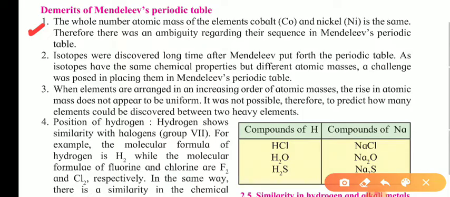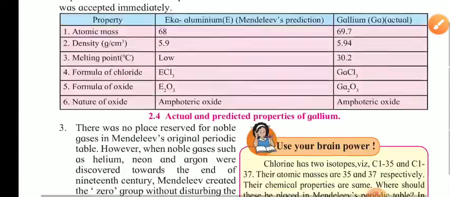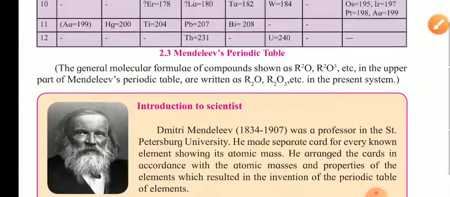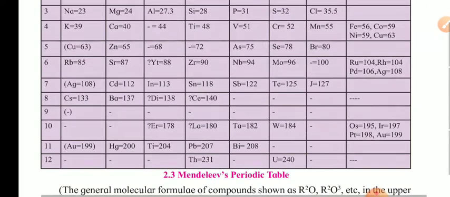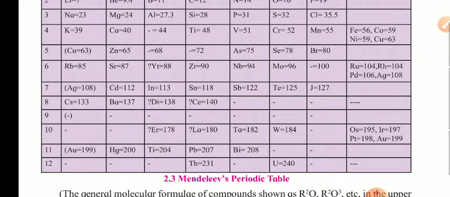Means there was a confusion about where to place them. If you see in the chart, cobalt and nickel had the same atomic masses. Then where to place them? That was the ambiguity, the confusion in everyone's mind.